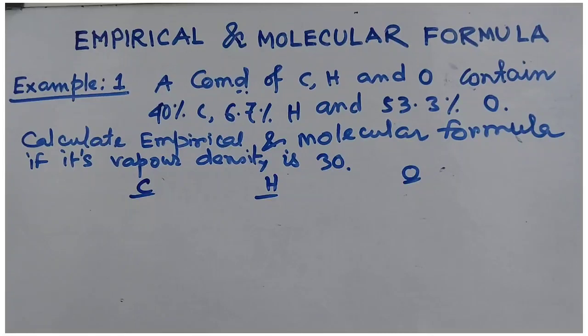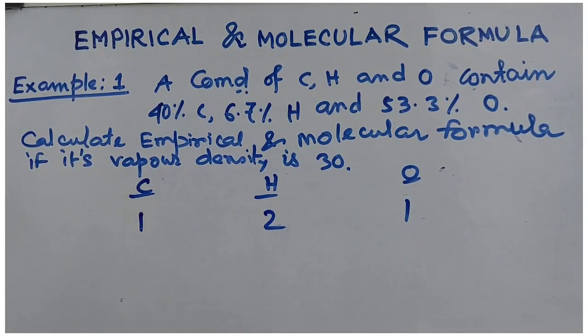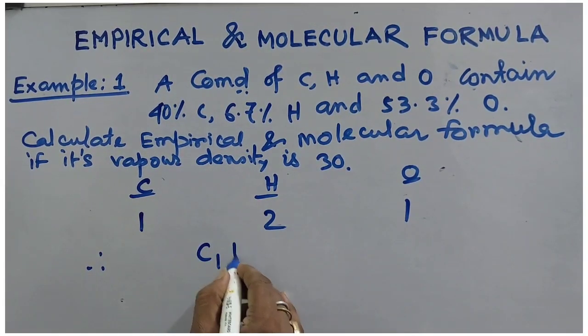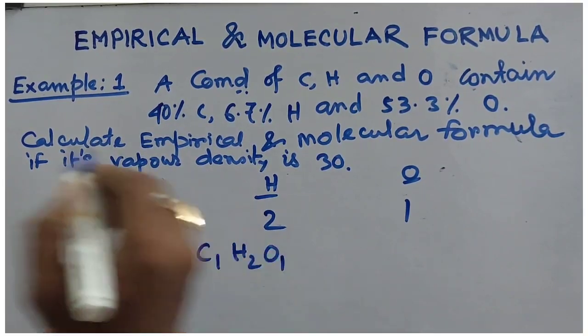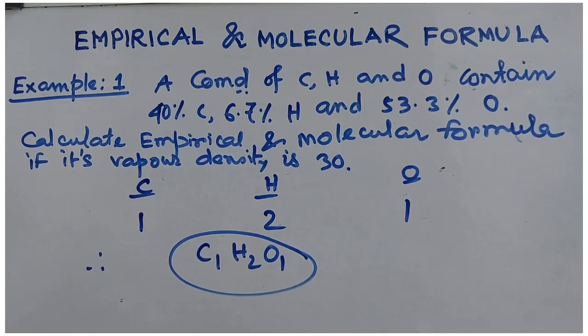Okay. By dividing we get 1, 2 and 1. Therefore we can write the empirical formula of that compound is C1H2O1. Okay. In this way we can calculate the empirical formula very easily.